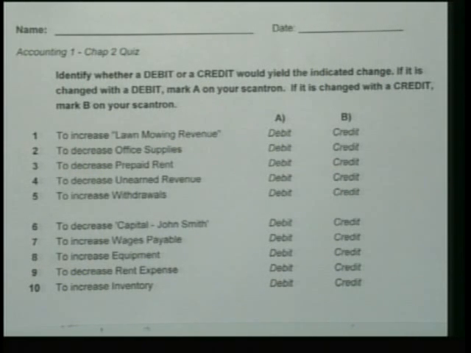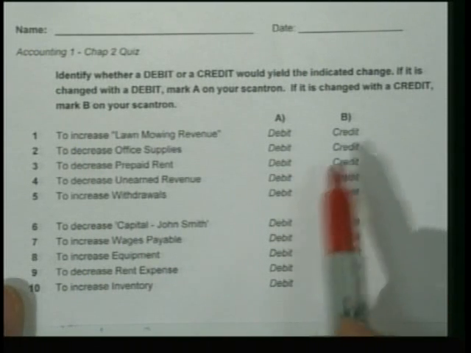Even more than that, if they bombed this section, they bombed the test. Because I really think this gets down to the meat and potatoes of chapters 1 and 2. Do you know really what the debit and credit balance means? Do you know how to affect these accounts? Because if you can't do these, you probably can't do the journal entries. So I really want you to know that I feel this is important.